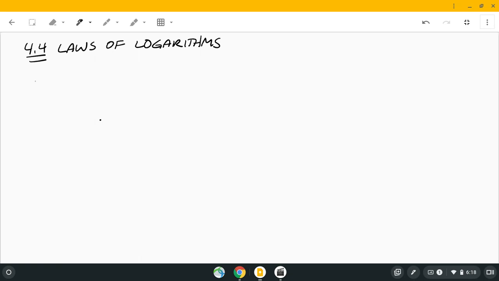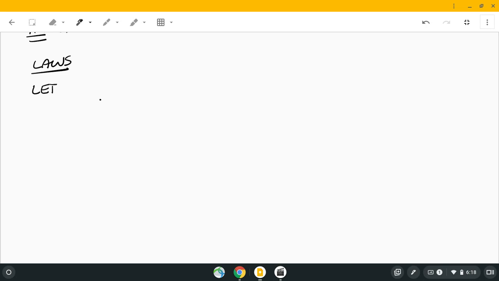Okay, so here are some laws, some properties. Let's start by letting a be greater than 0, a not equal to 1.